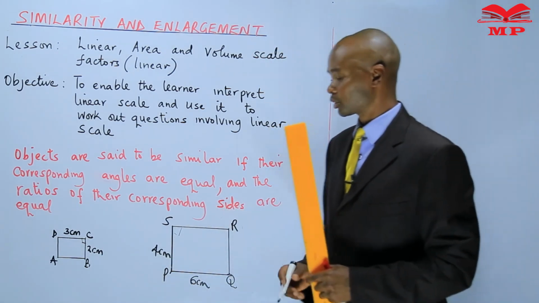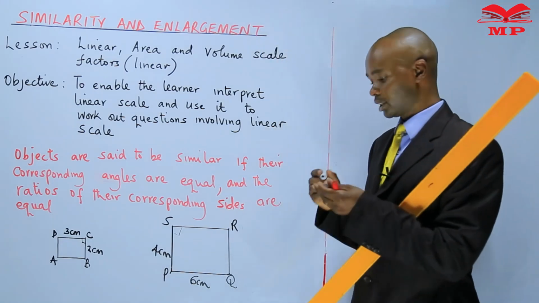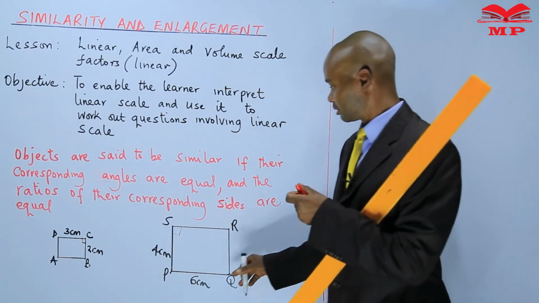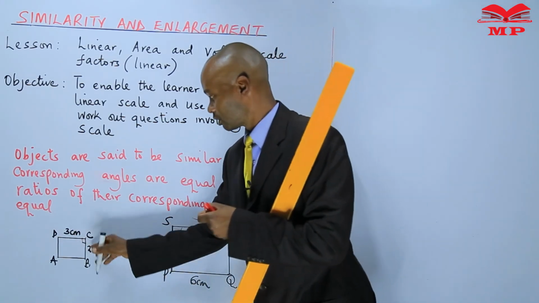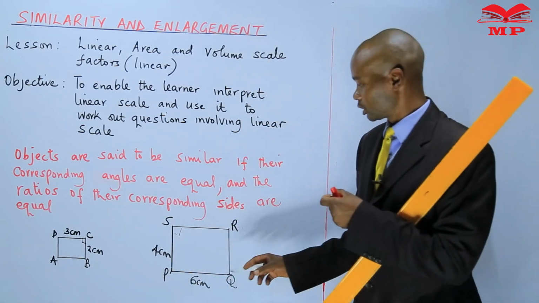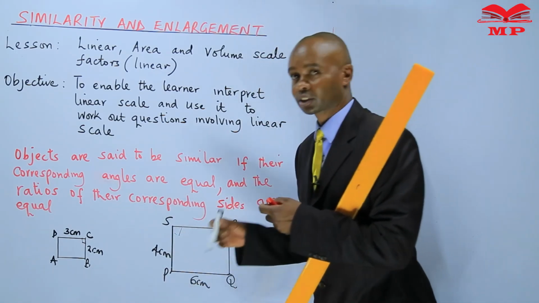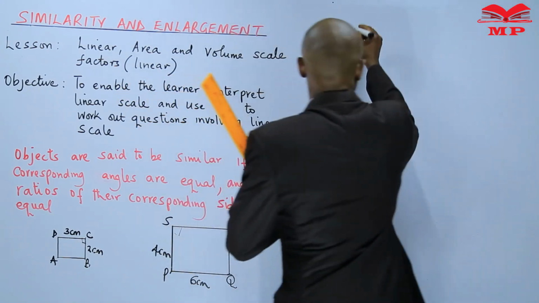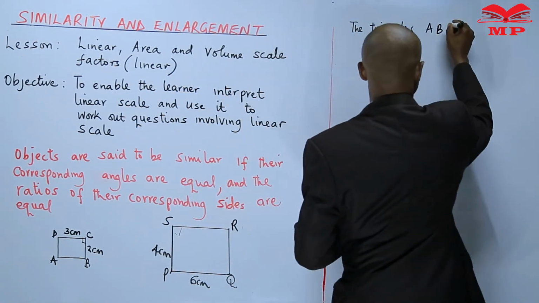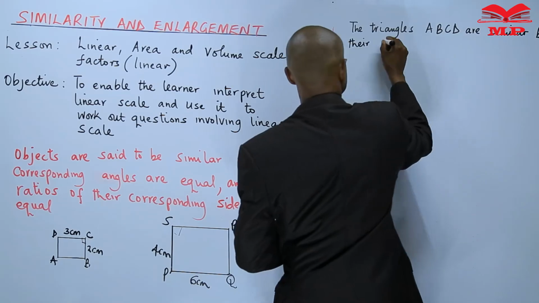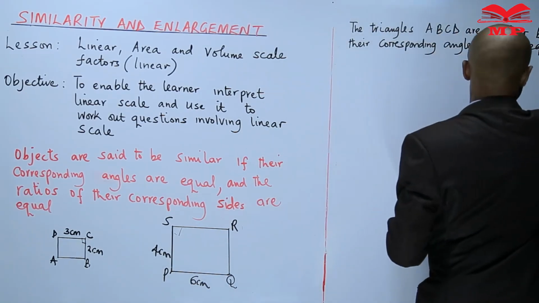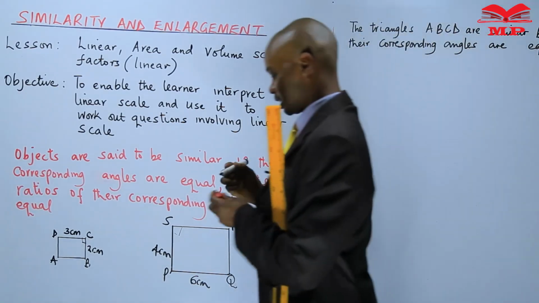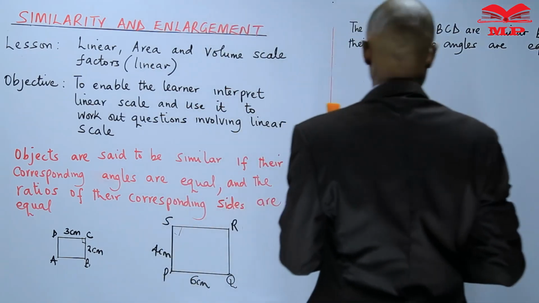Let's look at the ratios of their corresponding sides. This is 3/2, it is equal to 6/4. So when we say the corresponding angles are equal, we can give an example.